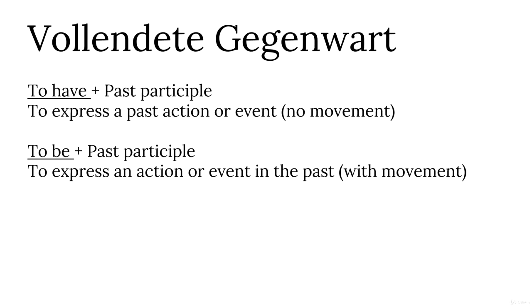Now, the question is, when are you supposed to use to have and when are you supposed to use the verb to be, haben or sein? There is a rule. It does apply for like 80 to 85% of the verbs. There are some exceptions and we are going to go through them in this course.